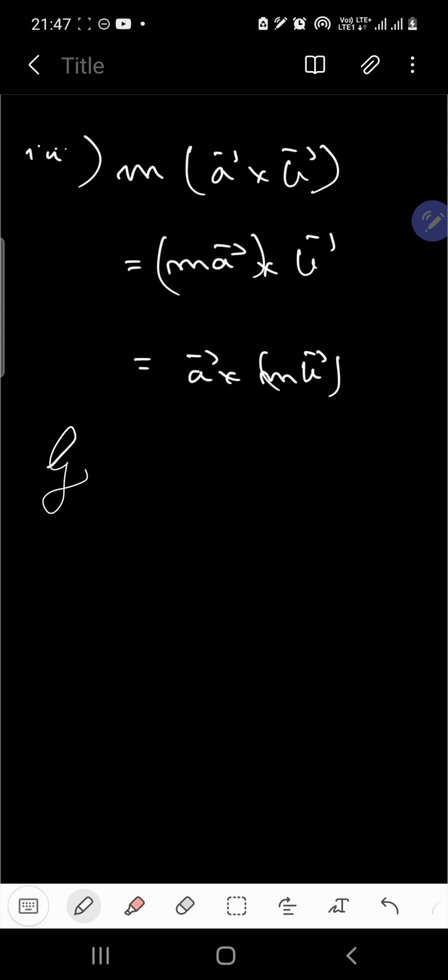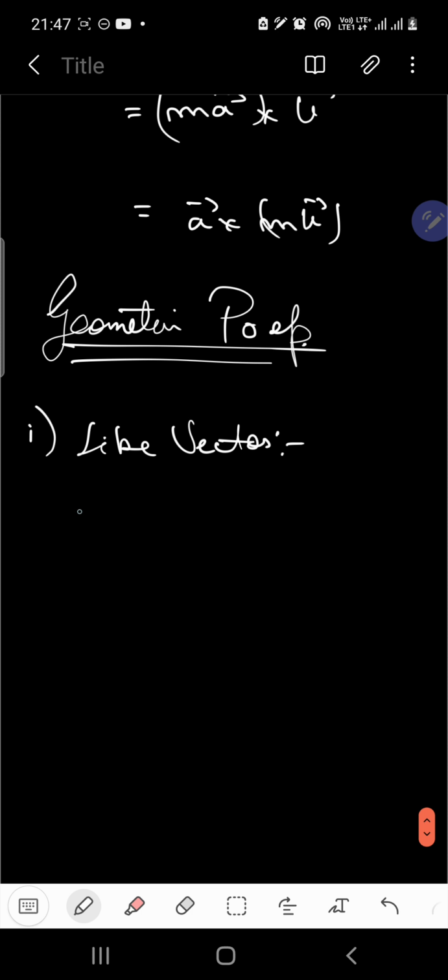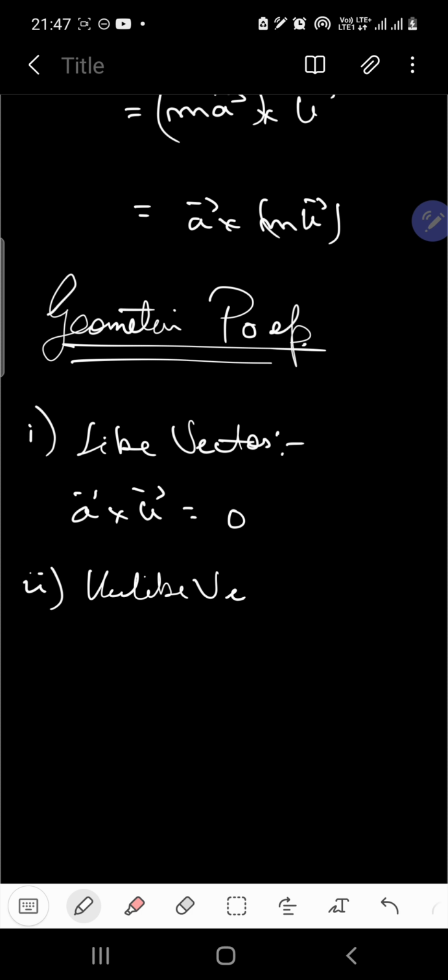Next, we talk about the geometric properties. In the case of like vectors, which have angle 0 degrees, A cross B is equal to 0. In the case of unlike vectors, that is angle 180 degrees, A cross B is still equal to 0.